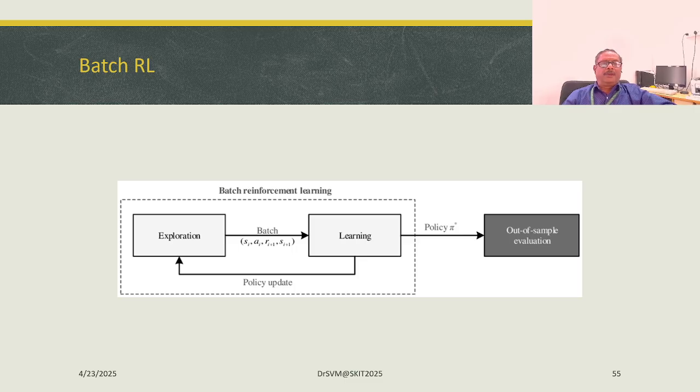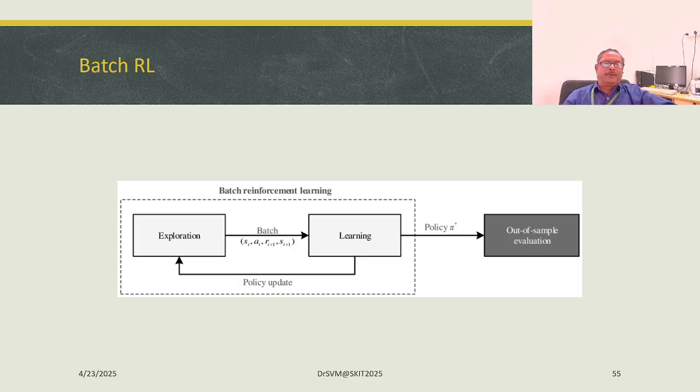So at any given state, randomly, the agent will take some action and see what happens to the environment, how the state changes, and what reward is produced, taking the current state, the current action taken, the reward produced, and the next state. Taking this information, if the rewards are not satisfactory, then the policy is updated.